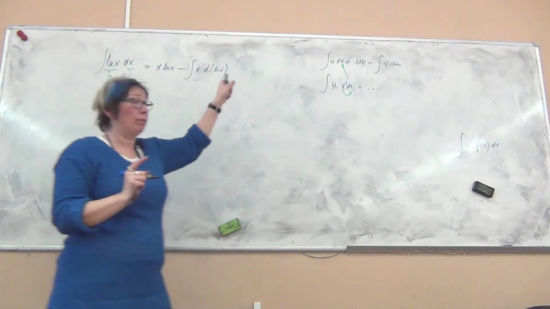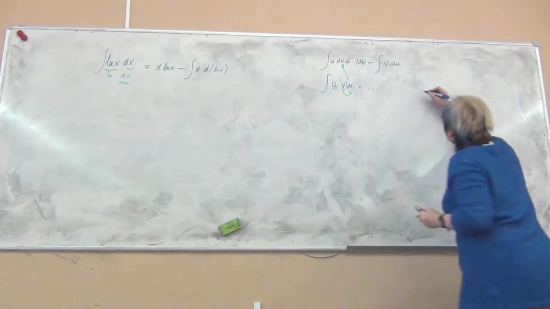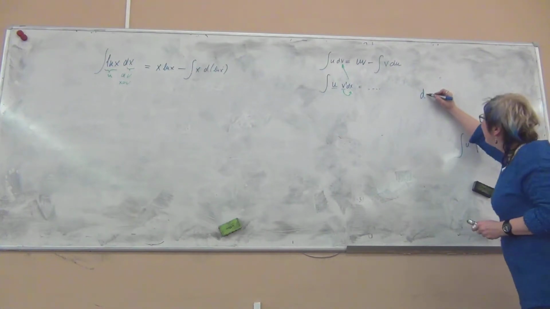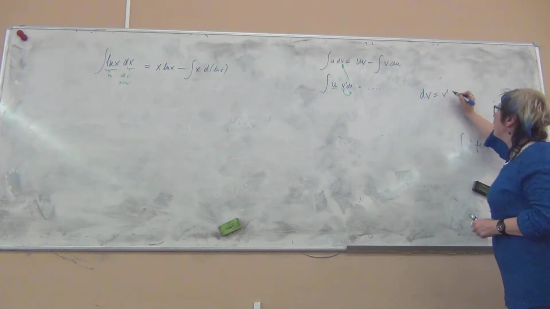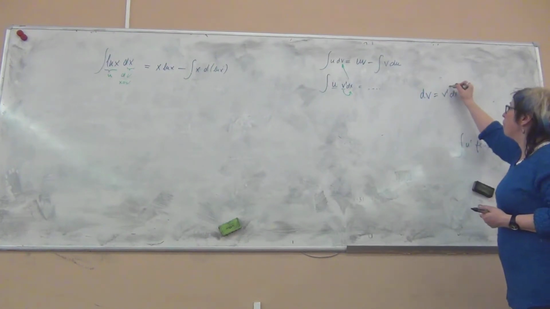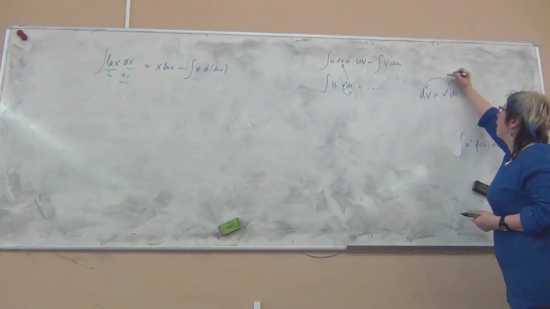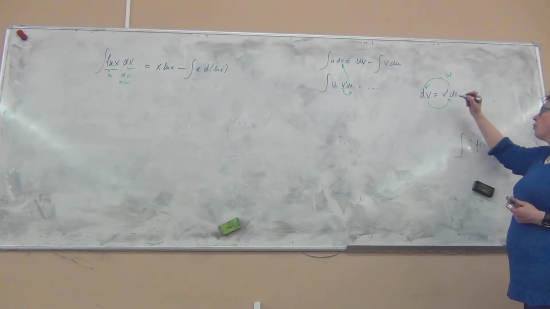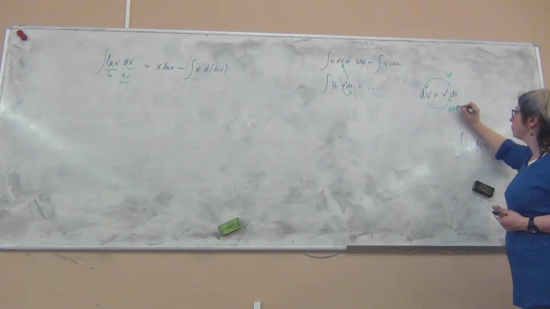Okay, I have to draw my magical circle. I will write dv equals v derivative dx. Remember this. If I need to get a factor into the differential, I integrate. If I need to get a factor out of the differential, I derive.